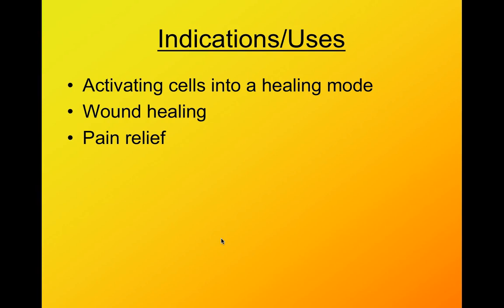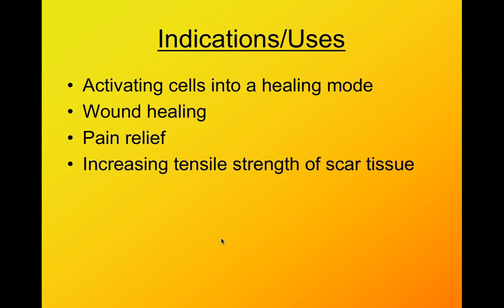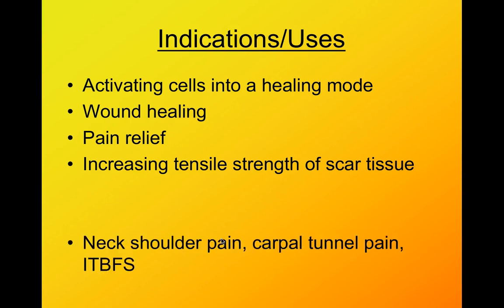So we can potentially also increase the pain threshold and affect our nerve conduction velocity. So whenever we want wound healing, whenever we want pain relief, or if we wanted to increase the tensile strength of the scar tissue, that would be another reason. Remember that we can use it for all these reasons up here.